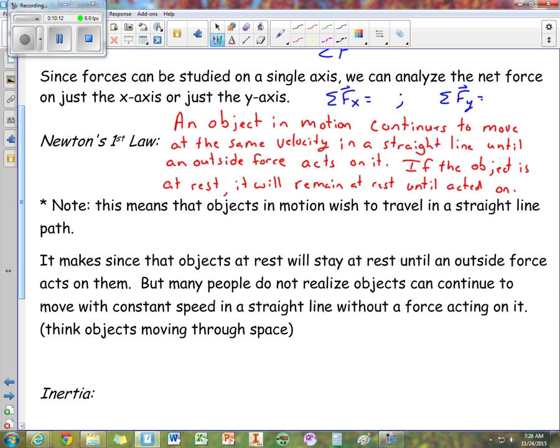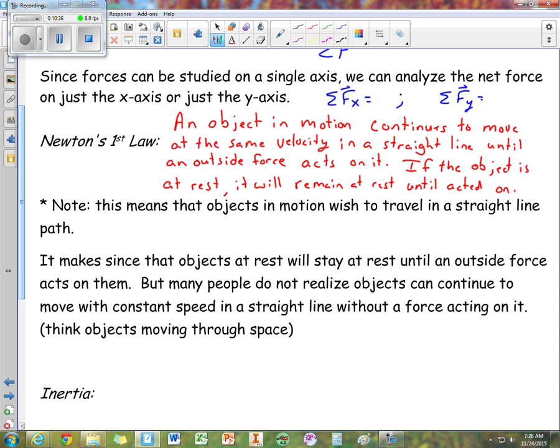Okay, so this is something you could probably recite in your sleep. An object in motion stays in motion, an object at rest stays at rest. But there are some important things here. If it's moving, it wants to move in a straight line. Curved motion, circular motion, is unnatural. Objects would much, much rather stay in a straight line.